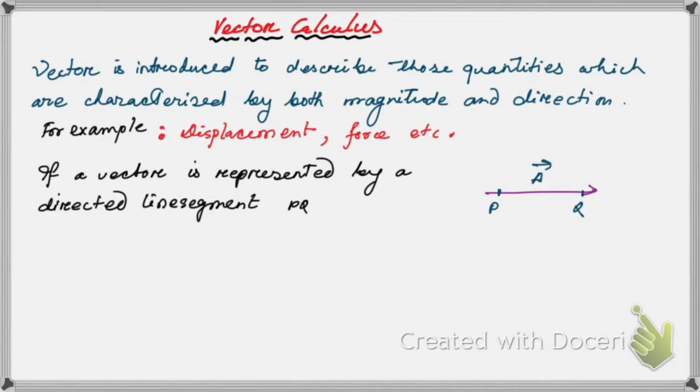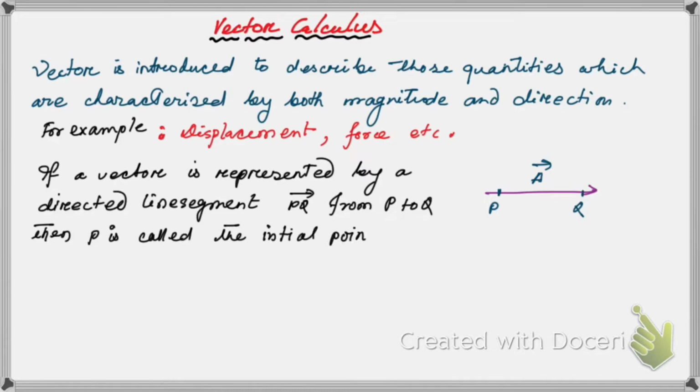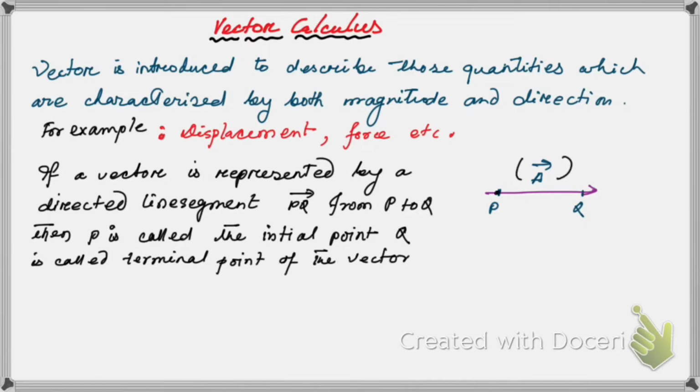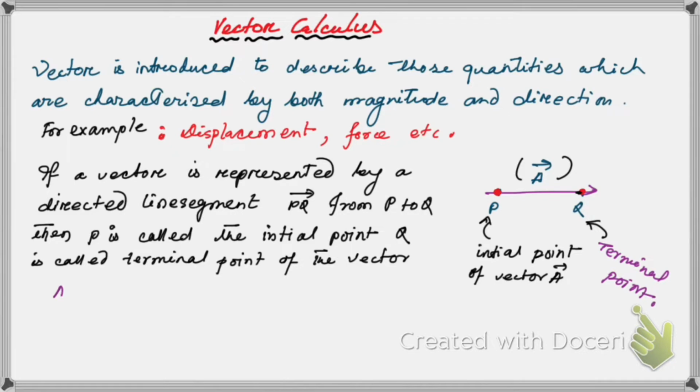It represents vector A, suppose, from P to Q. Then P is called the initial point, and Q is called the terminal point of the vector A. So this P is the initial point, and this Q is the terminal point.